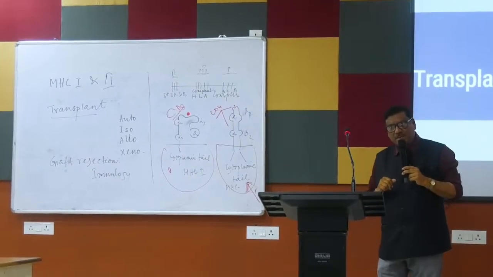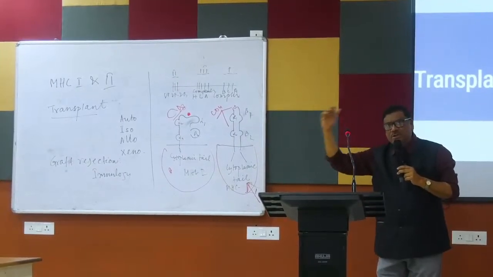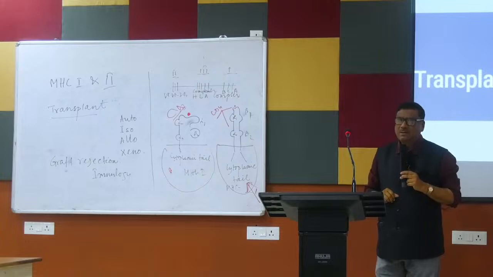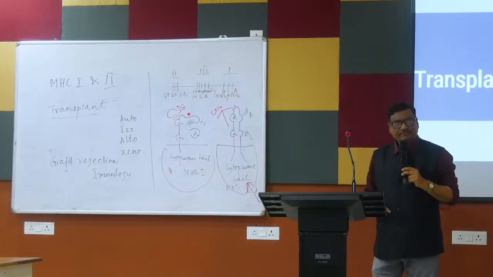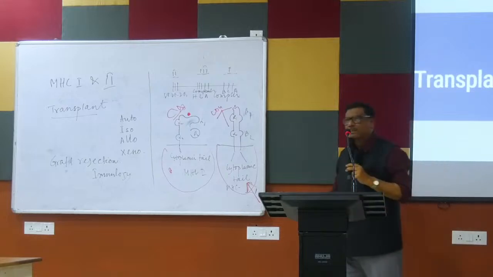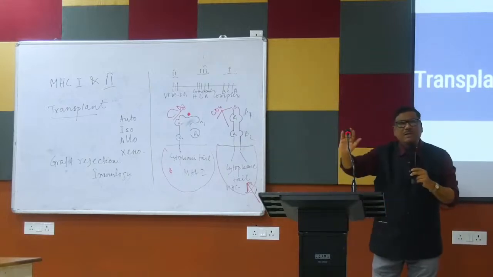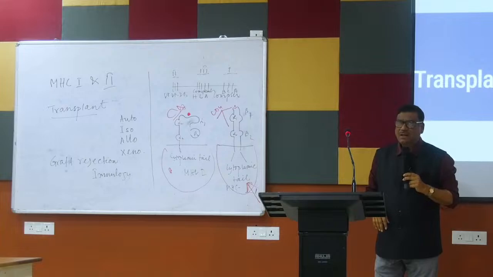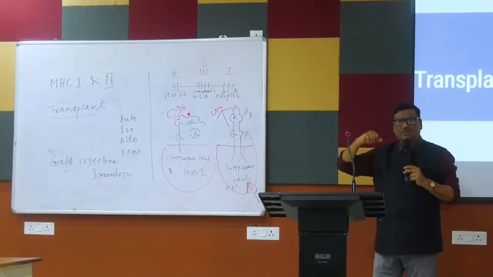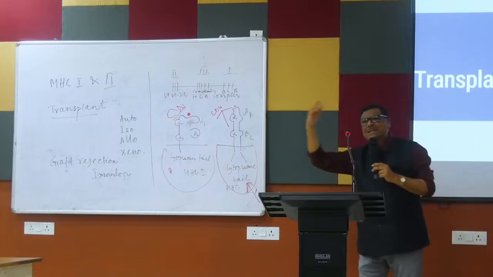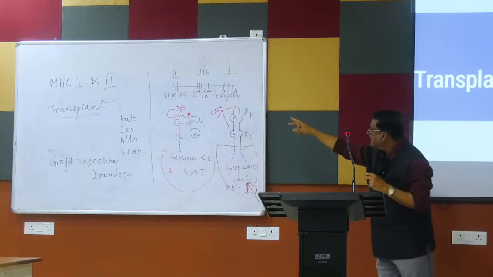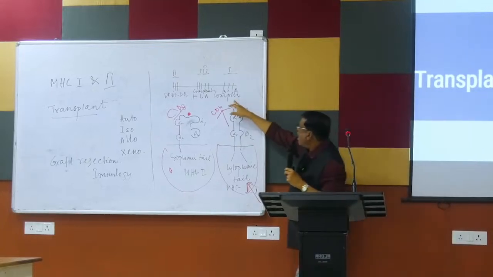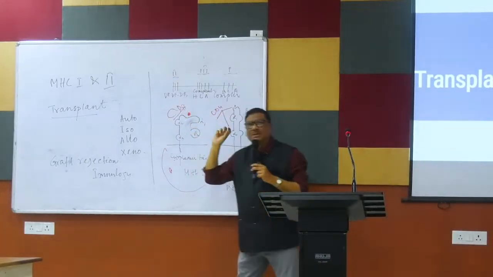The graft is something, maybe tissue, maybe organ. It is placed on the recipient, at a different site, and the graft, when it is from another patient, has a different type of genomic sequence.